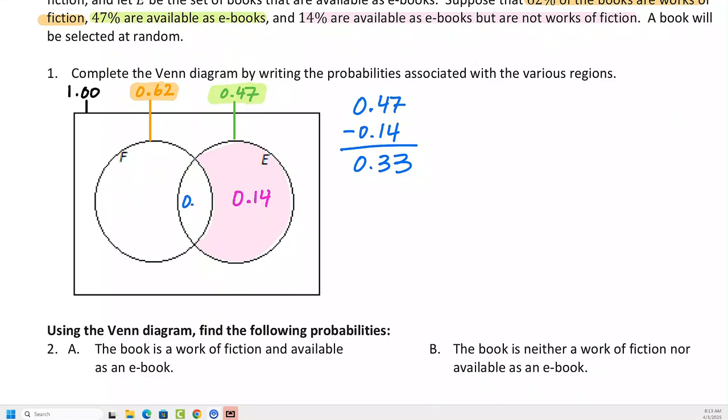So this section here is 0.26. Now we have all of F, that's the 0.62, and we have this portion of F, so we can figure out what the remainder of that circle is. I'm going to take that 0.62 and subtract that 0.26. I'm going to have to borrow here. It gives me 0.36.